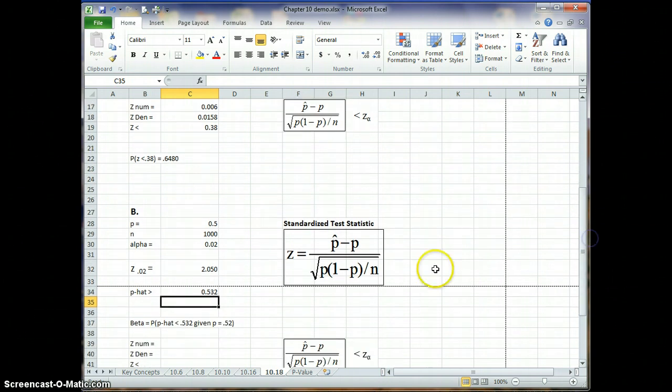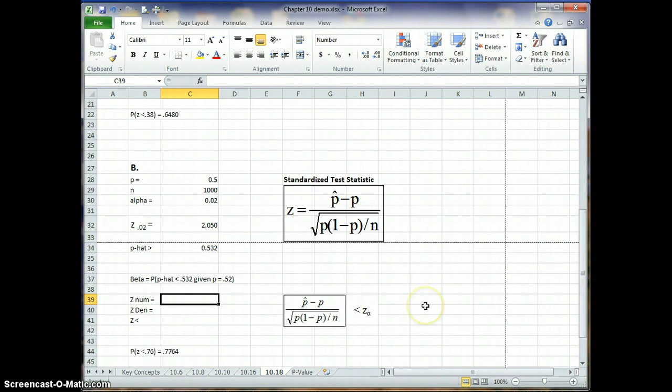If I scroll down just a little bit, the beta is equal to the probability of p-hat less than 0.532 given a p of 0.52. So again, we're going to calculate the numerator for the z-score, which is equal to p-hat minus p. I'm going to put the 0.52 right here, make it a little easier.